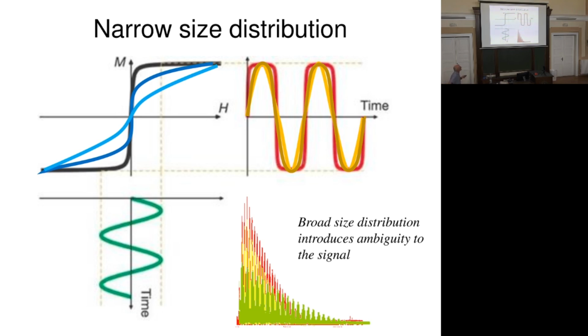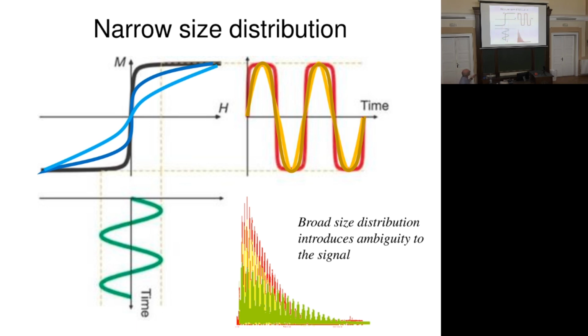Particles which we use should have narrow size distribution. They should be homogeneous, otherwise we obtain signals which are hard to handle. Here is just an example. If we have particles with nice magnetization curve, we obtain good signal, nice spectrum.